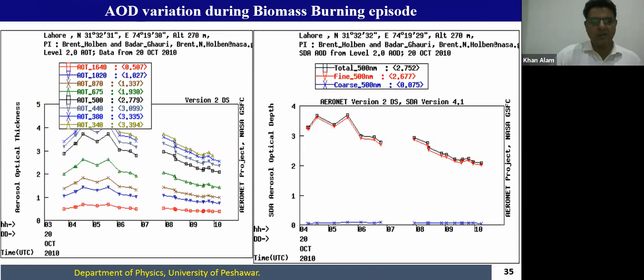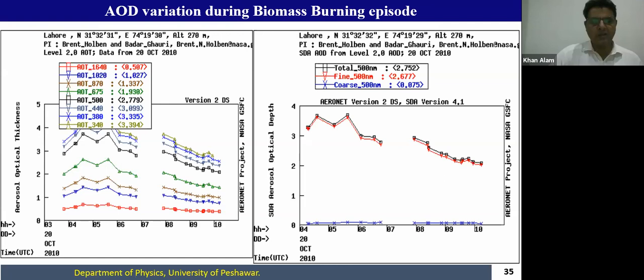The total aerosol optical depth is 2.752, but the fine particle is 2.677. It means that the fine particle concentration is dominant, whereas the aerosol optical depth of the coarse particle is only 0.075.